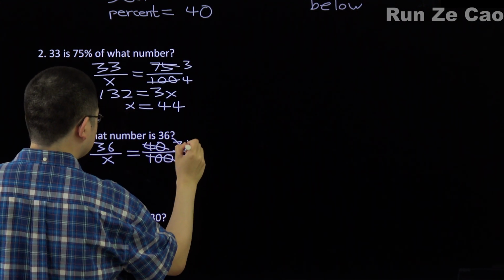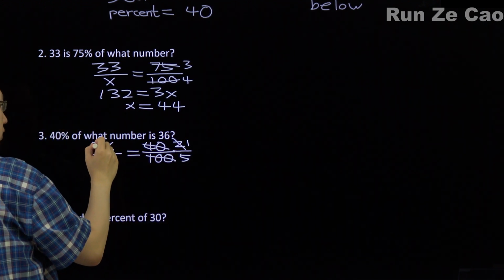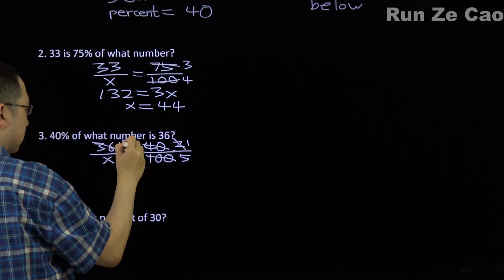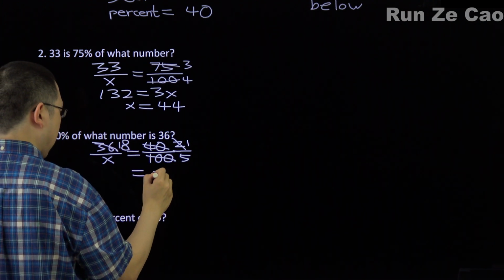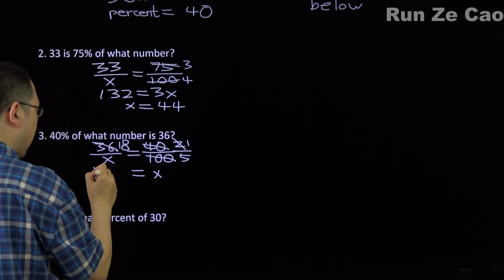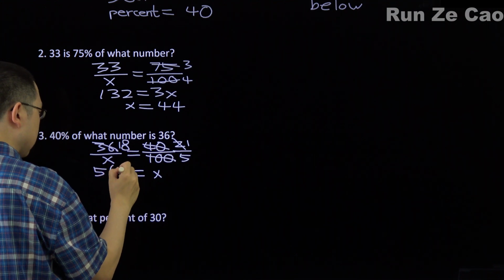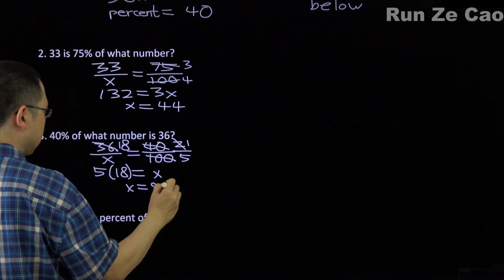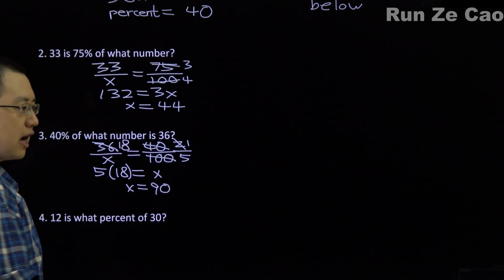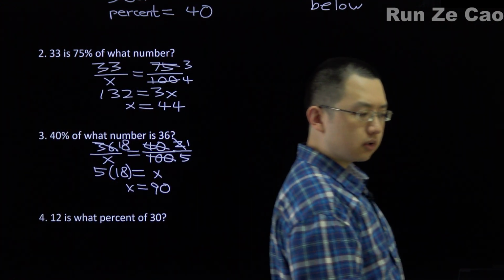And you can cancel this again to a 1 and this to 18. So you end up with x equals 5 times 18. So x is equal to 90. 40% of 90 is 36.